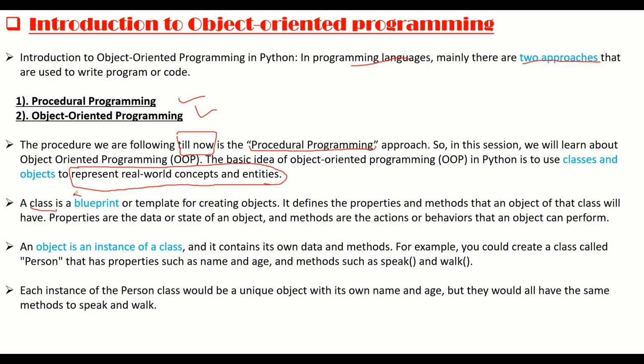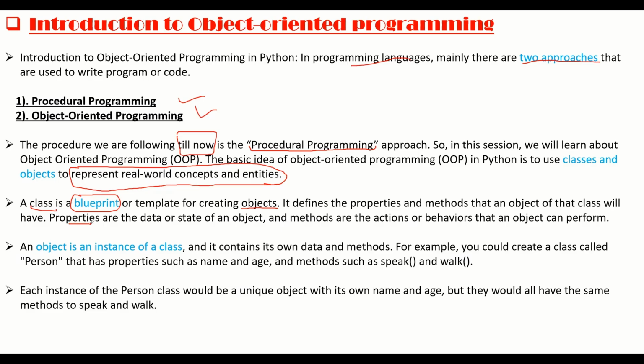Basically a class is a blueprint or template for creating objects. For example, it defines the properties and methods that an object of that class will have.